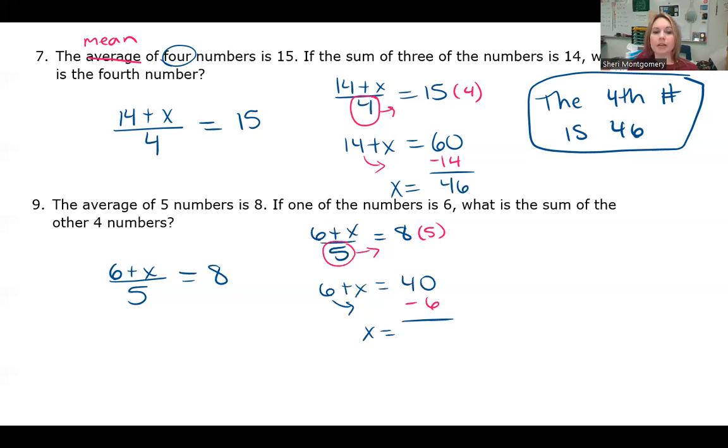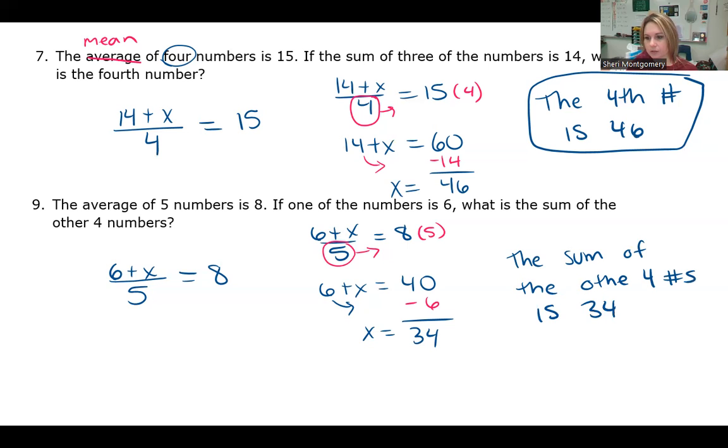So I get 40 minus 6, I get 34. So that means that the sum of the other 4 numbers is 34.